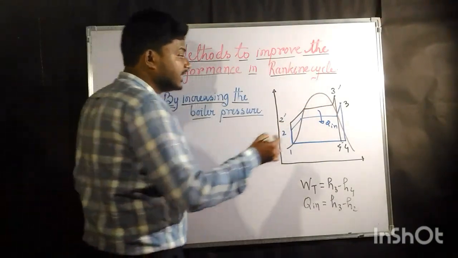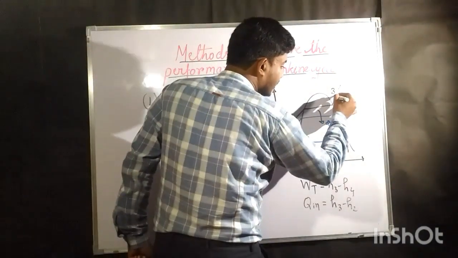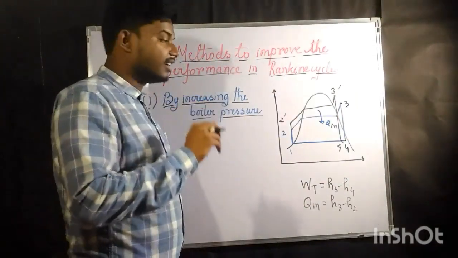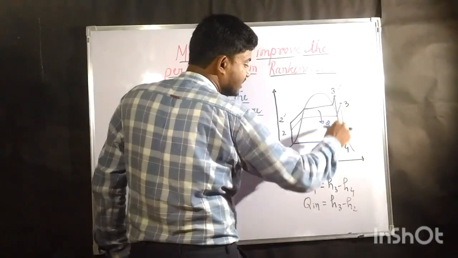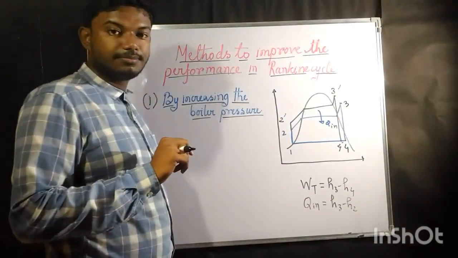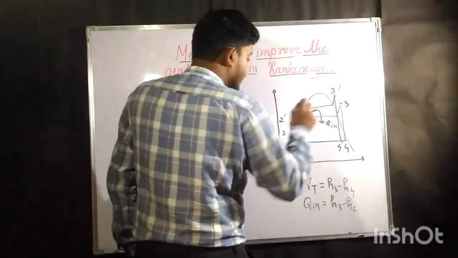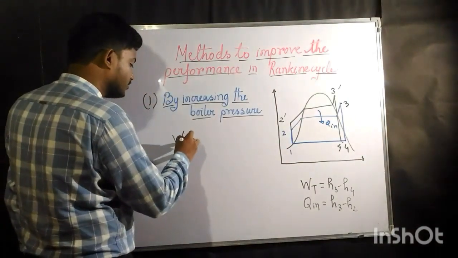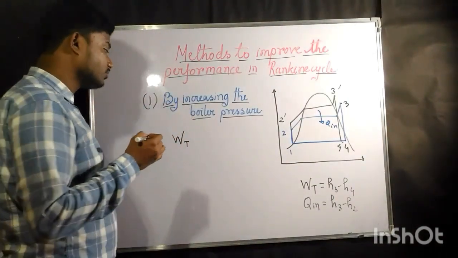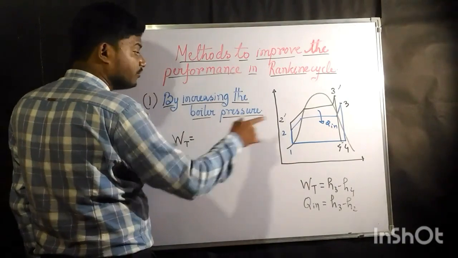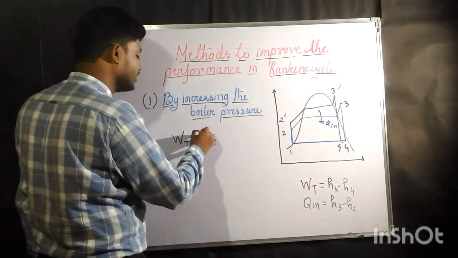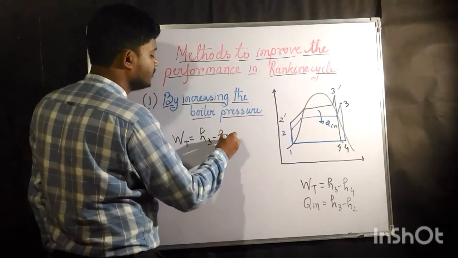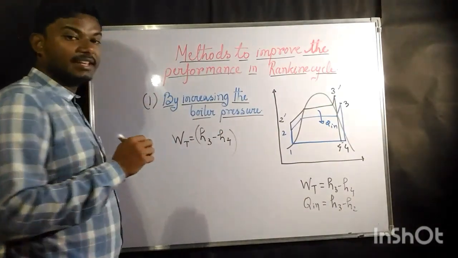Now as this temperature is going to be different, that means the temperature difference of 3 to 4 and 3 dash to 4 dash is going to be different. Now if you want to find out the work done by turbine, for the previous one, the blue cycle, it is going to be H3 minus H4.